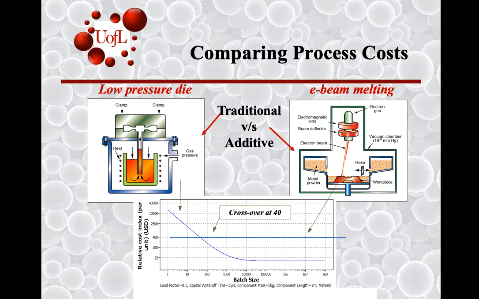There are some limitations to that type of assumption because you're not necessarily producing one part at a time. With a larger footprint, you can make multiple parts.